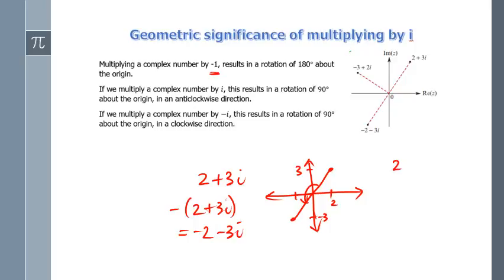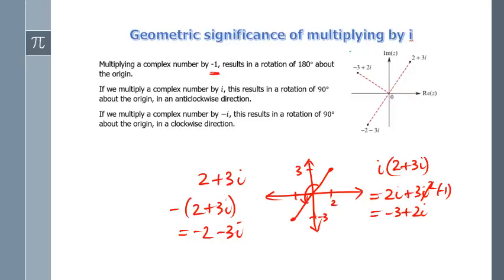If I use the same complex number, 2 plus 3i, and multiply it by i, we will end up with 2i plus 3i squared. But we know that i squared is -1, so we can replace that with a -1. I end up with -3 plus 2i.